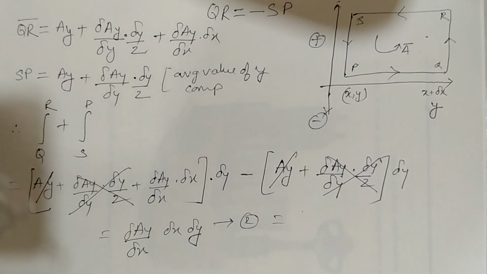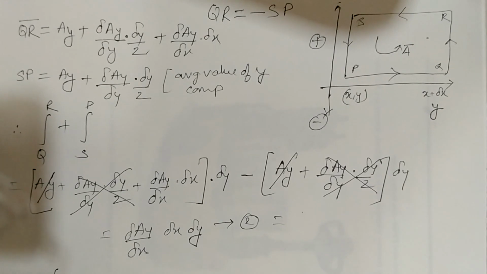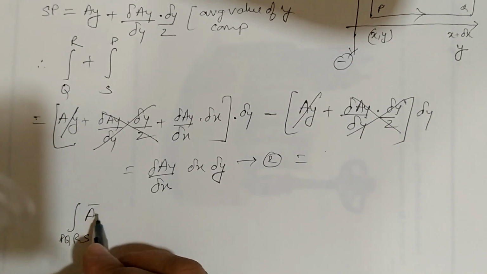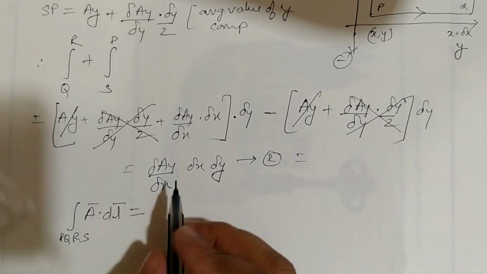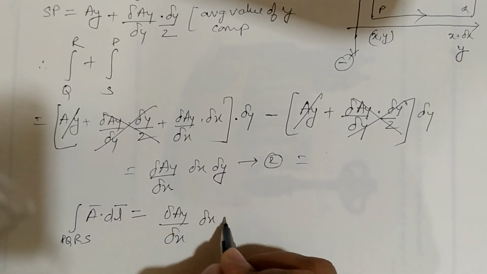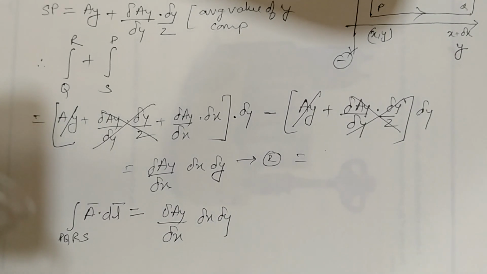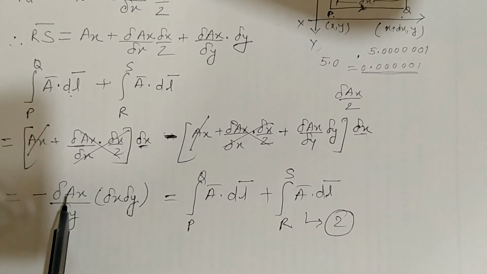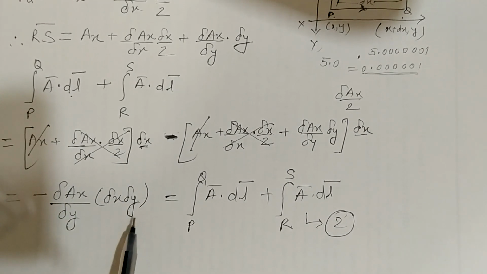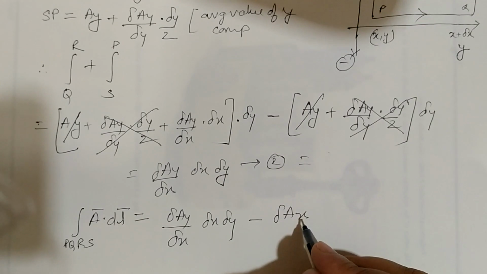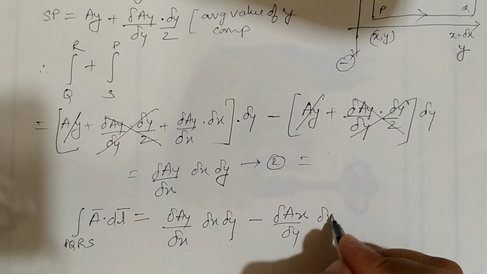Now if we are going to calculate the total line integral, that is around PQRS of A bar dot dl bar, it will be equal to this one, that is delta Ay by delta x into delta x delta y, minus delta Ax by delta y into delta x delta y.